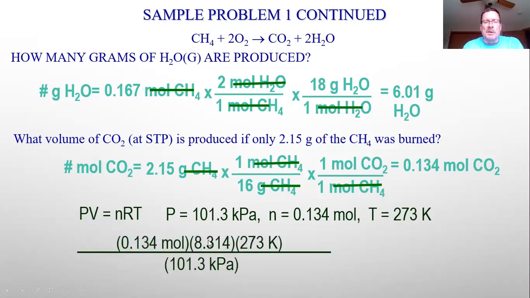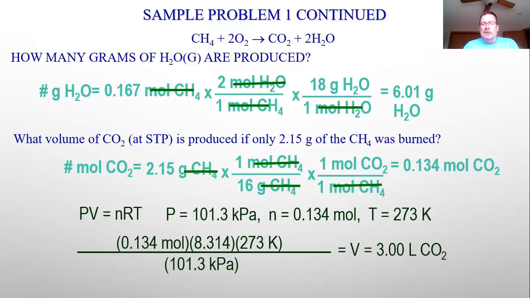There's my moles, there's my constant that goes with kilopascals, there's my temperature, and there's my initial pressure. And I turn out it's about 3 liters that it would occupy. So there's a few different ways, just with one problem, to use the ideal gas equation and stoichiometry together.